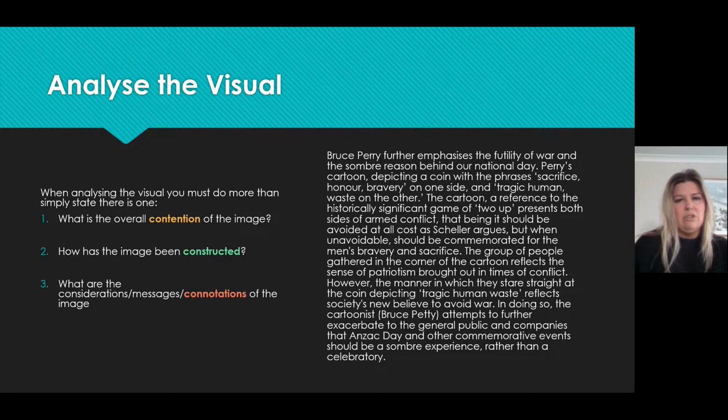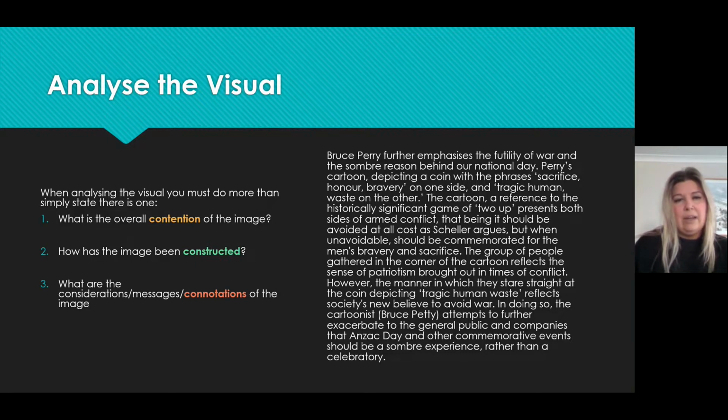Again, I'll read just the introduction here where it says, Bruce Perry further emphasises the futility of war and the sombre reason behind our National Day. So there is the argument. That is what this image represents. But what about the construction?